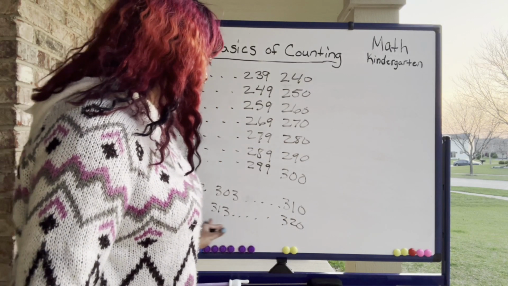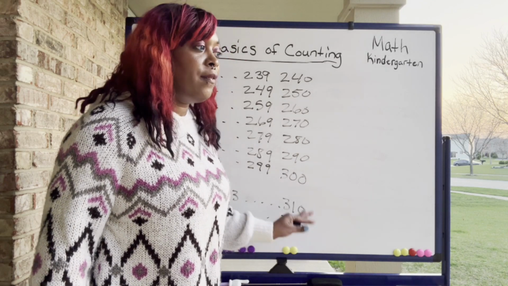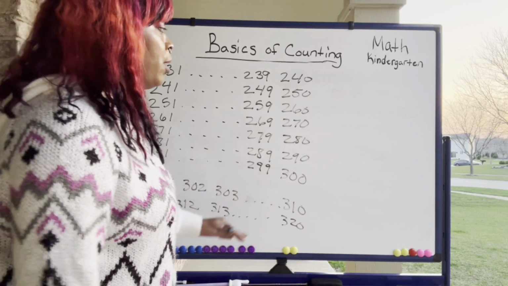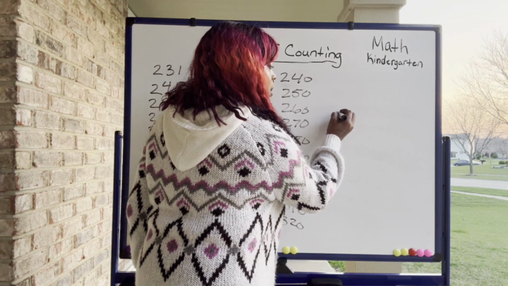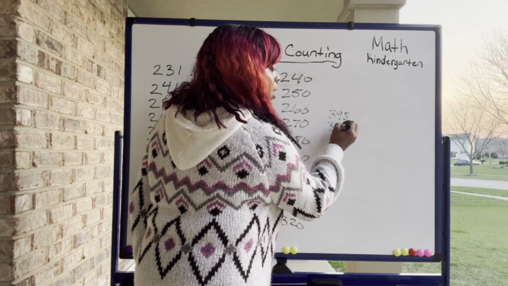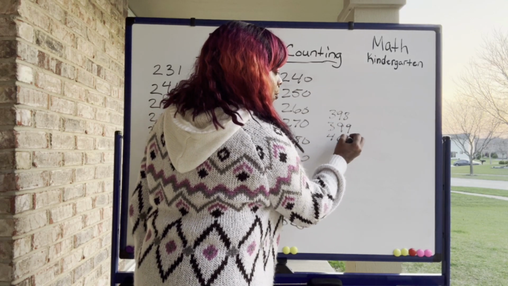So you would keep going until you get to 310, 20, 30, 40, 50, 60, 70, 80, 90, 391, 392, 393, 394, 395, 396, 397, 398, 399. After 3 is 4, so 400.